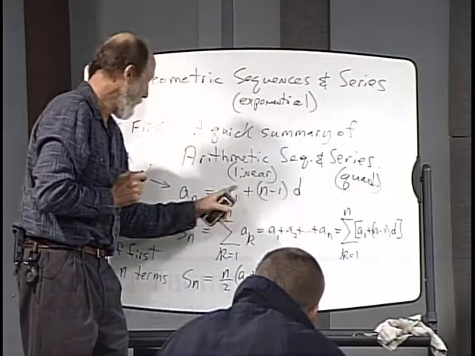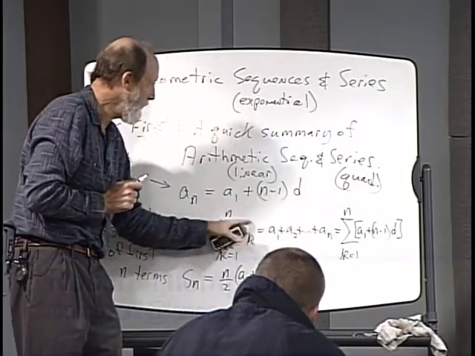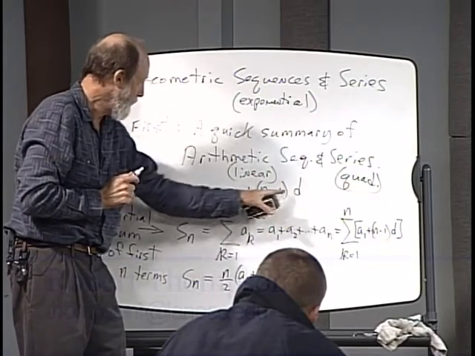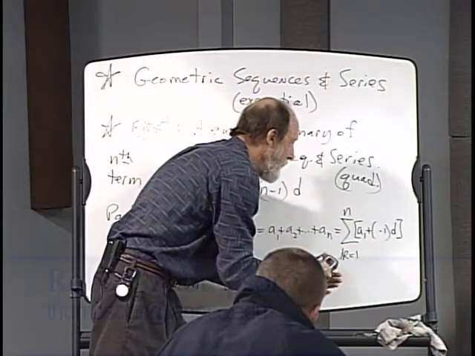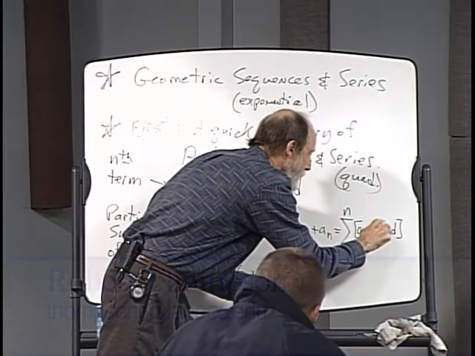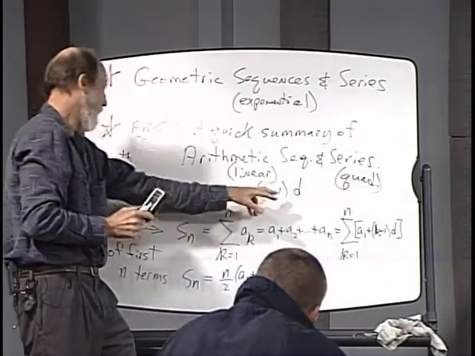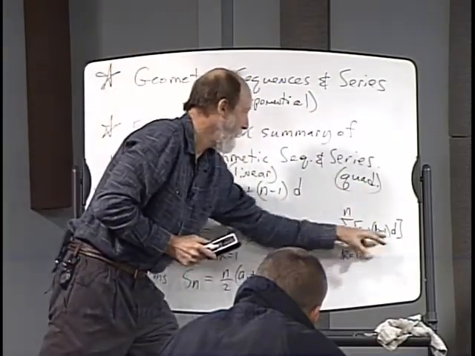However, for this arithmetic pattern, a sub k becomes this described value, and over here I should put a k. Here's the kth term, the general description using k, and so that becomes that expression.